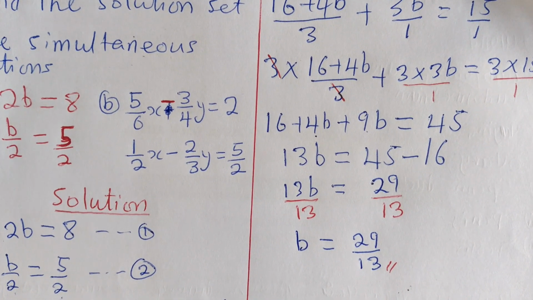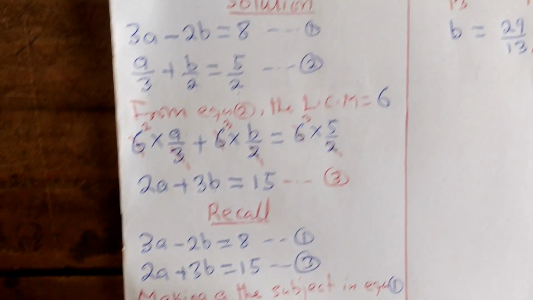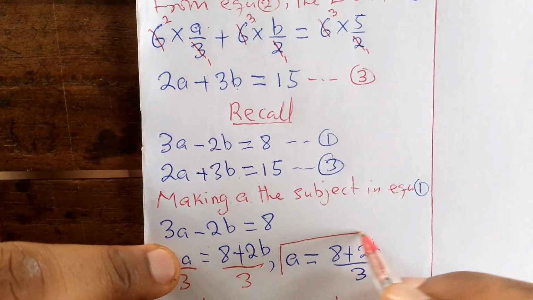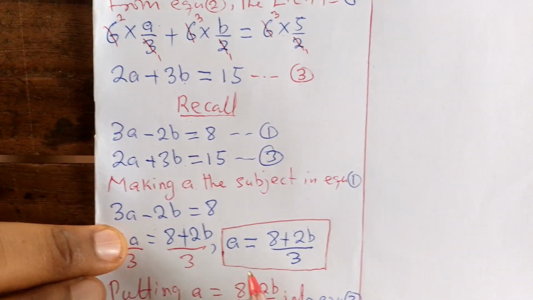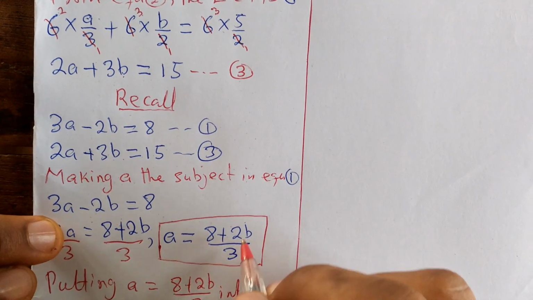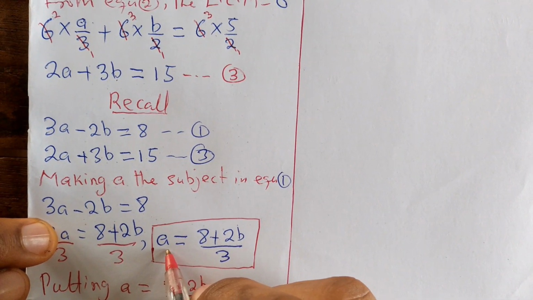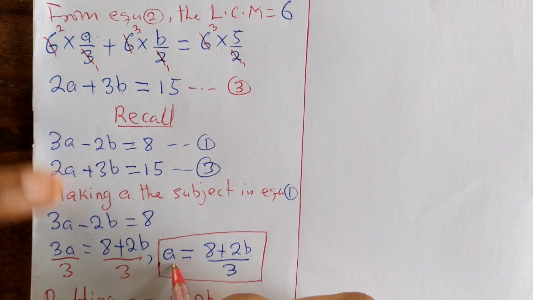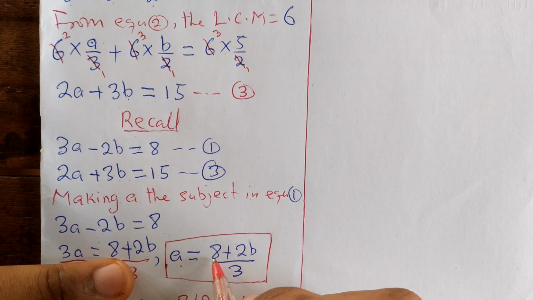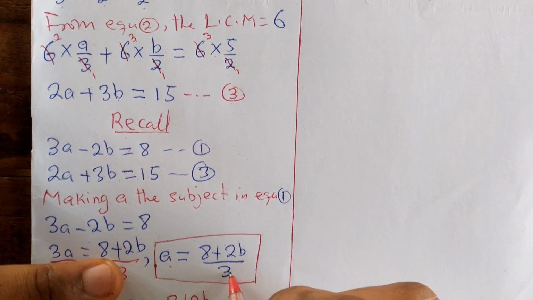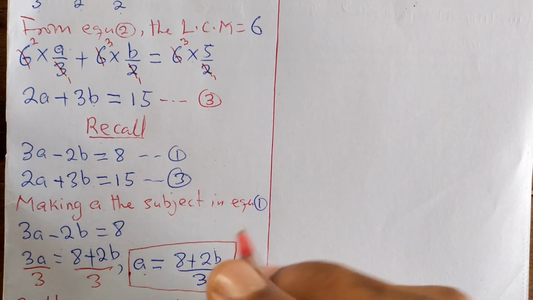So at this place, we made a to be the subject here. So I will not suffer. Let me rewrite this, and then I'll put b in it to get my a. Instead of me going back to use any of this equation, it will be too long for me. So I know A is equal to 8 plus 2B out of 3. So let me just put my B here and simplify, and I'm gone.